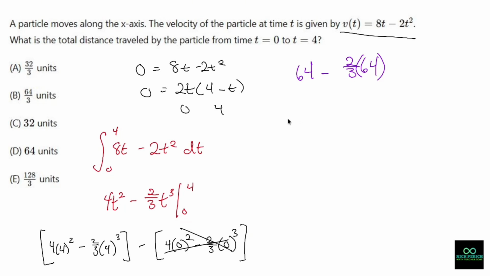So 64 times 3 is 192 over 3 minus 128 over 3. And so 192 minus 128 is 64, so 64/3. Oh, I should have known that. 64/3, which is going to be B.